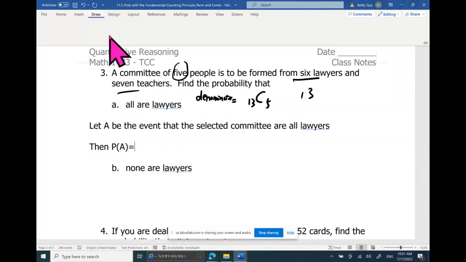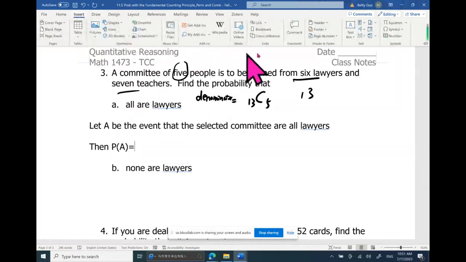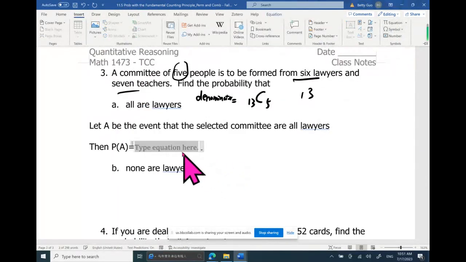We're going to find the two numbers. Denominator, we already know the denominator. What about the numerator? All the 5 people are lawyers, right? All the 5 people are lawyers.